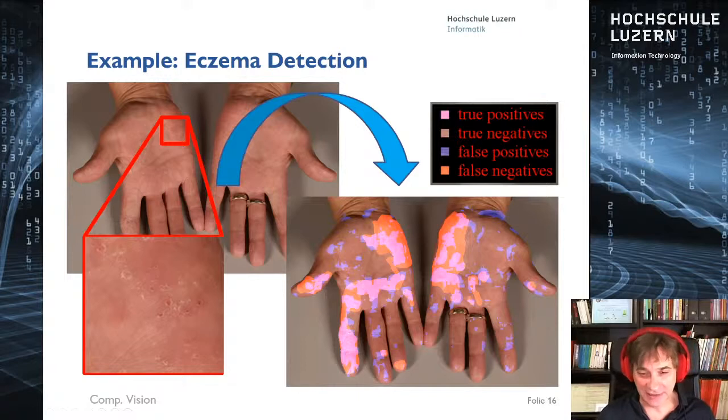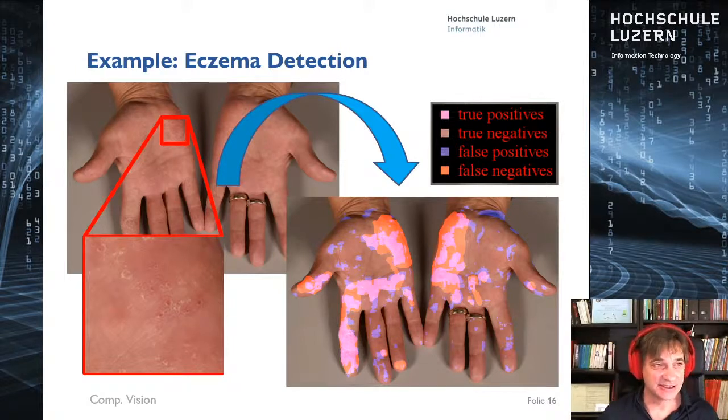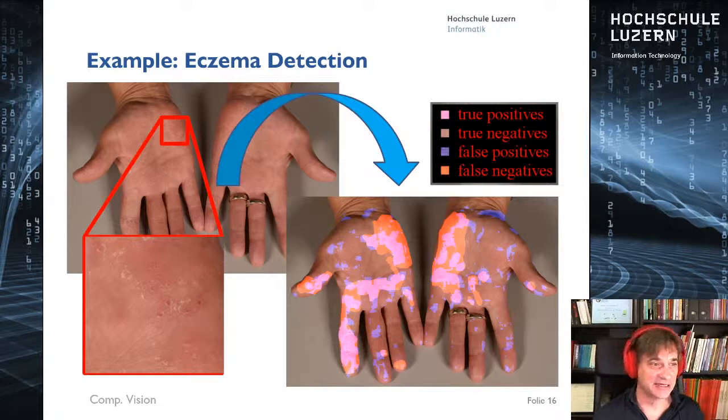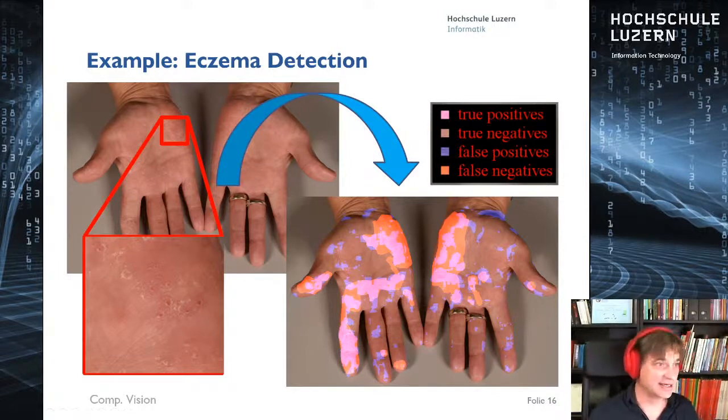Also, in our lab, we had an InnoSwiss project in medical image analysis. This was an example from eczema detection. The idea was you have images of skin. In the first part, it was just from hands, and you want to identify if some region has eczema or has not eczema.